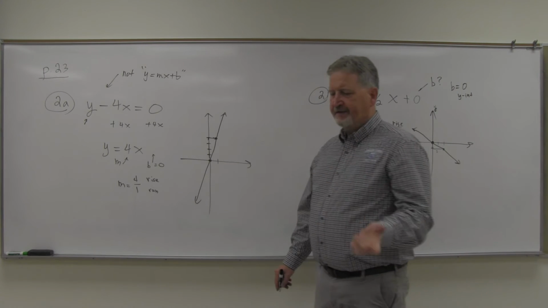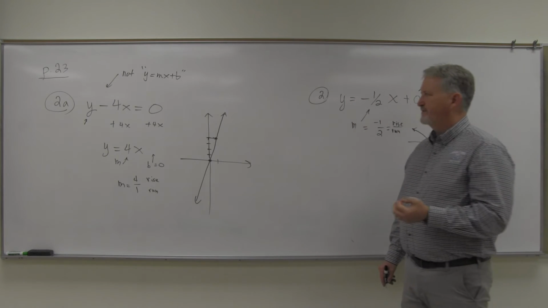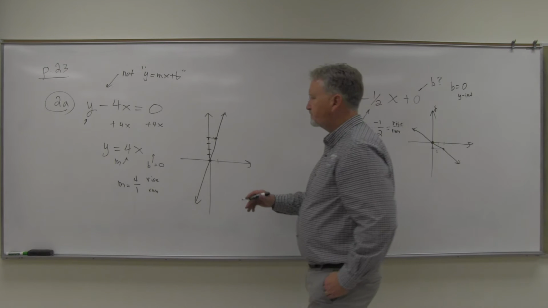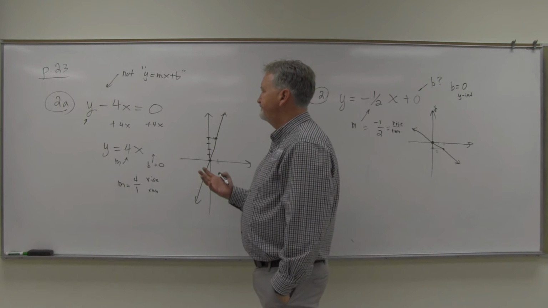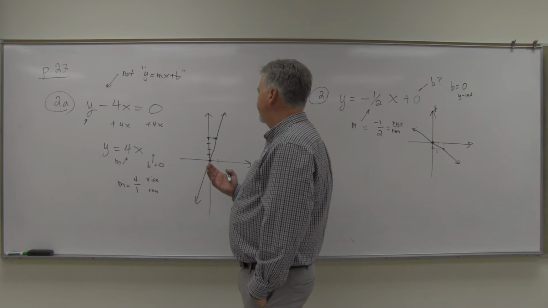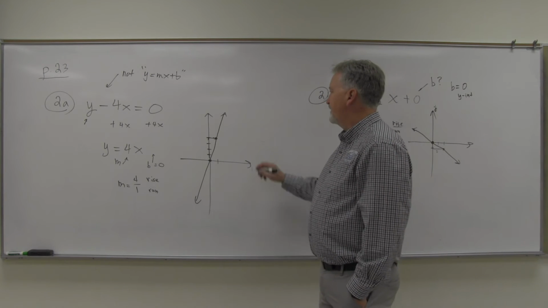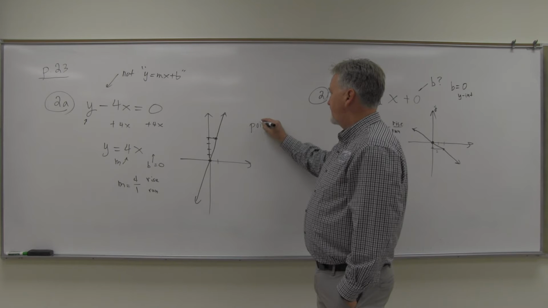One of the questions, let me tack on to this one. One of the questions in the assignment asked to find points on the line. It doesn't say graph it, but what are some points on this line?